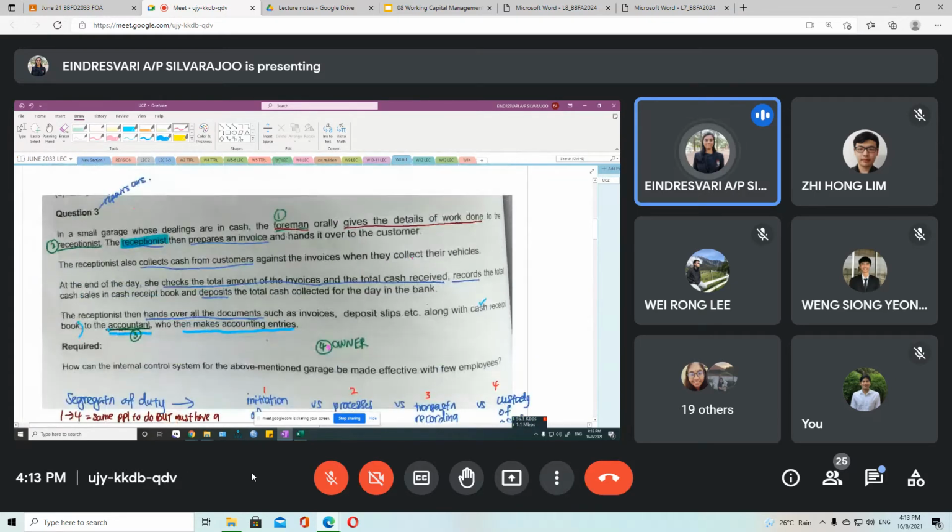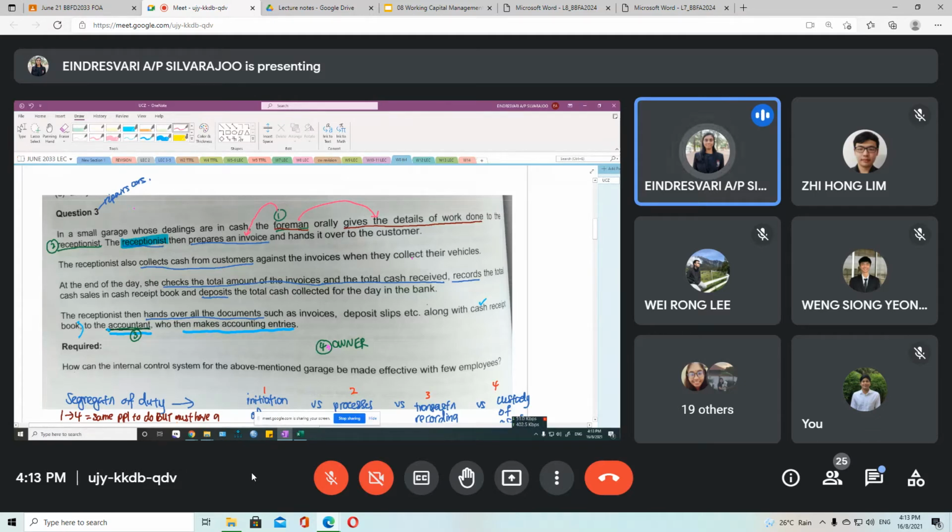So the first thing is this foreman, what we can suggest is that he prepare the invoice instead of the receptionist, because the foreman has the details, right? Why must he give the details then let the receptionist do the work? Since he knows what the work is about, let him actually prepare the invoices.